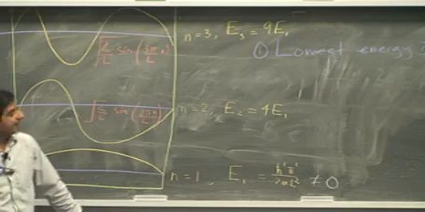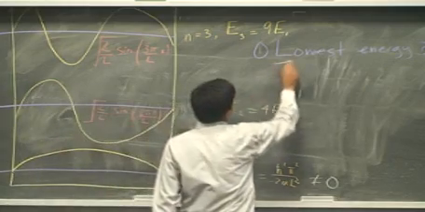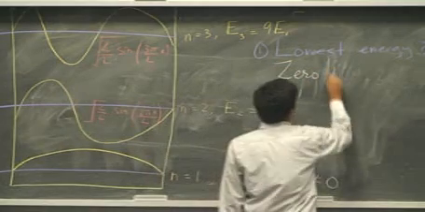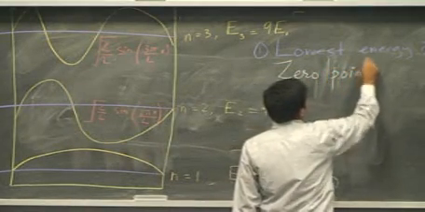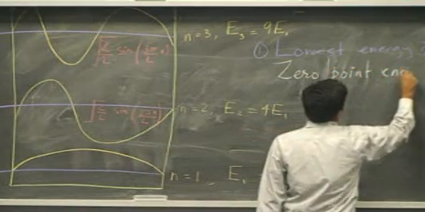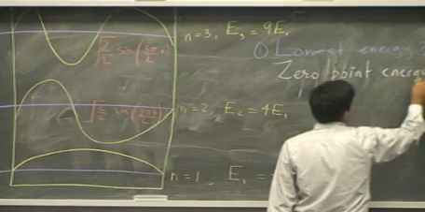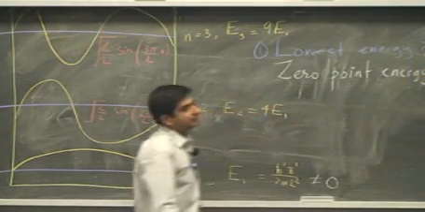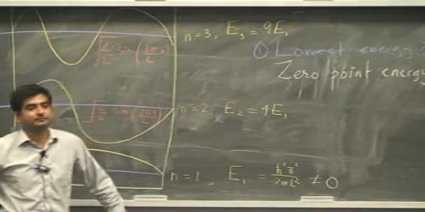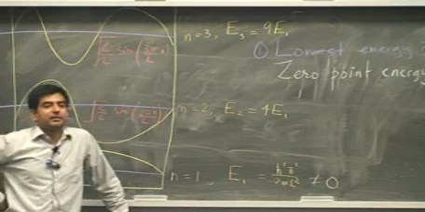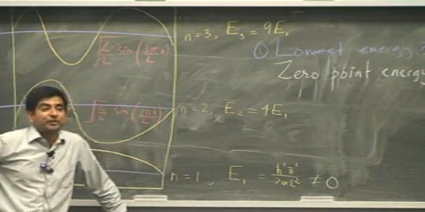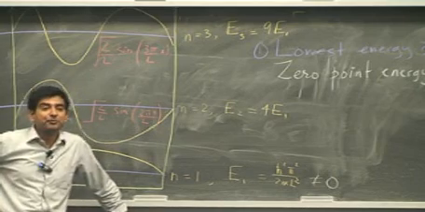And this energy is called the 0 point energy. The minimum energy can never be equal to 0. This is called the 0 point energy or vacuum fluctuations.